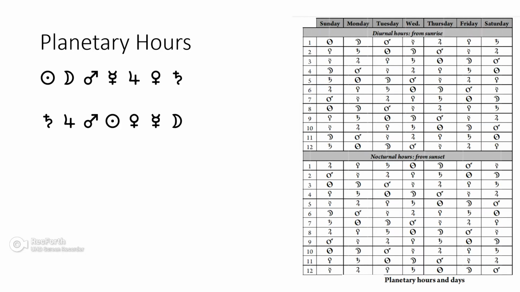Next, we can make planetary hours. Now that we have our days of the week schematic and our Chaldean order of planets, we can make planetary hours. And you'll see up the top here, our days of the week: Sunday, Monday, Tuesday, Wednesday, Thursday, Friday, Saturday, and it goes in a lovely order of descending Chaldean order once again.